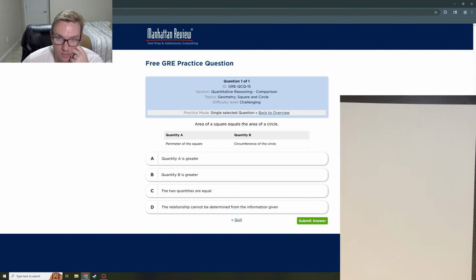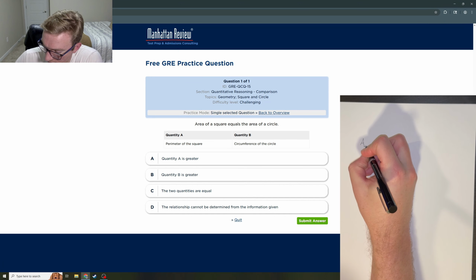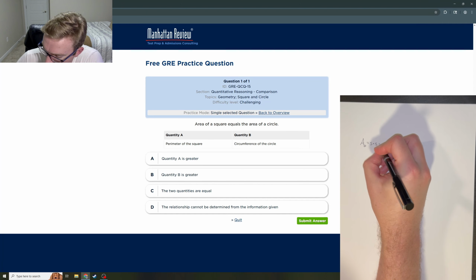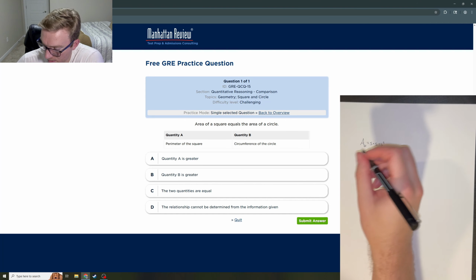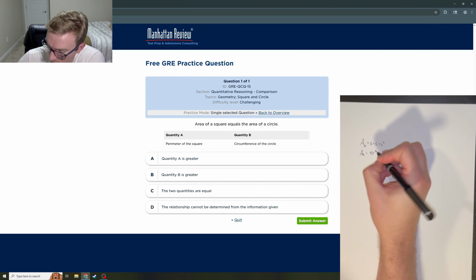So we have the area of a square equals the area of a circle. The area of a square is side times side, which is s squared. And the area of a circle, remember, is pi r squared.